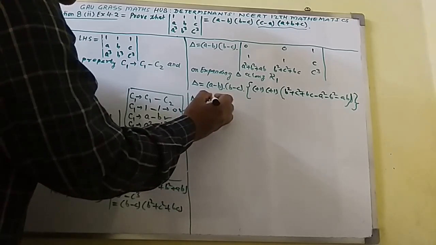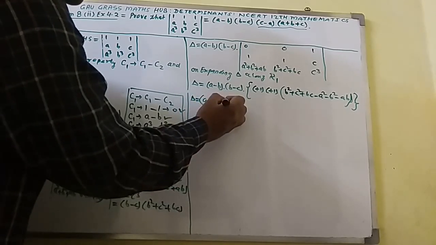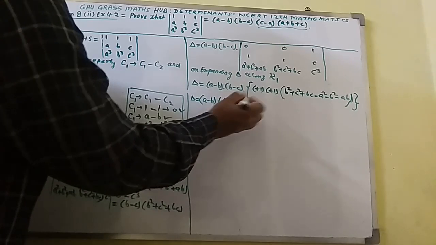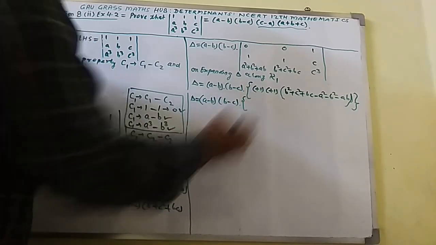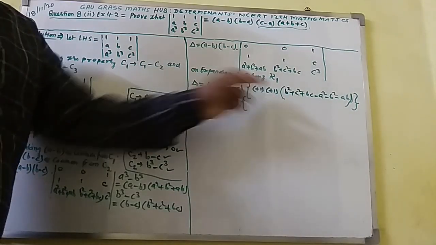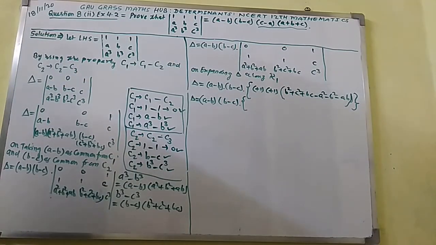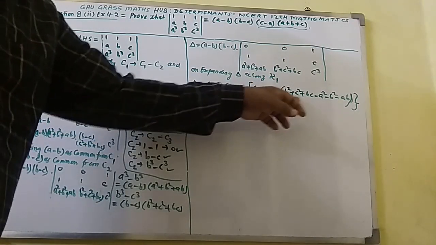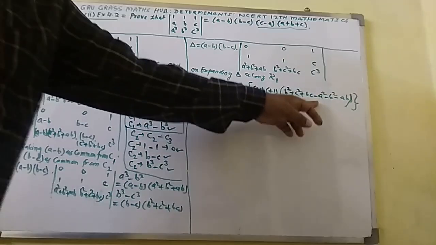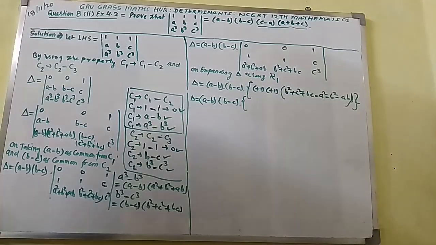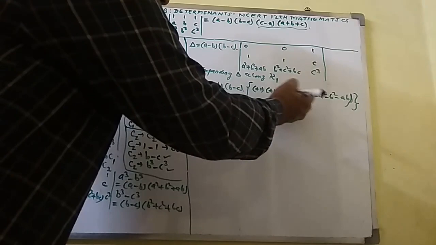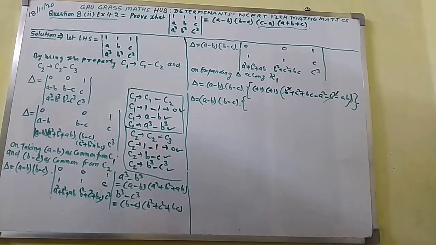here I shall write a minus b, here I write b minus c. I shall open here curly bracket. Plus 1 will multiply together. You get here only 1. And here you can see b square plus c square plus bc minus a square minus b square. So here you can get plus b square minus b square. Both will be cancelled together.